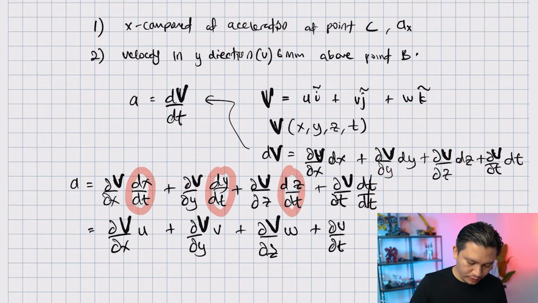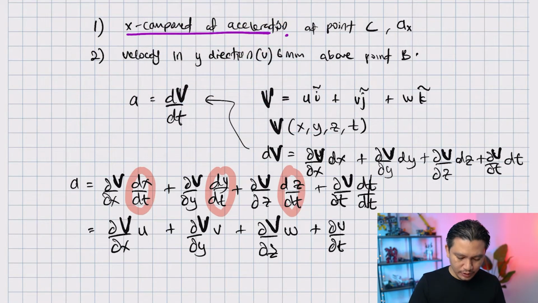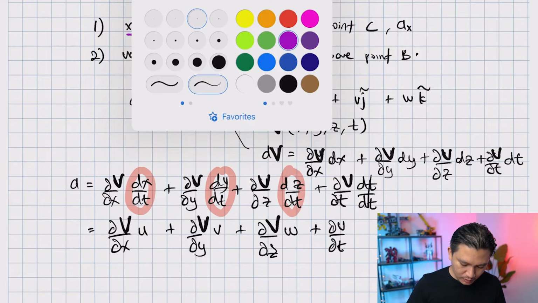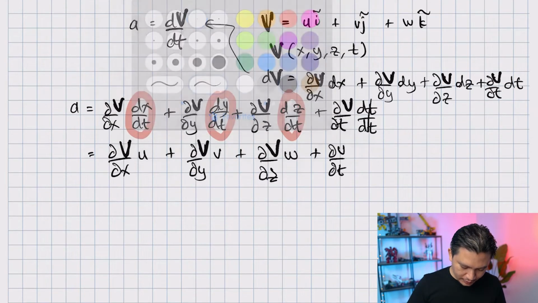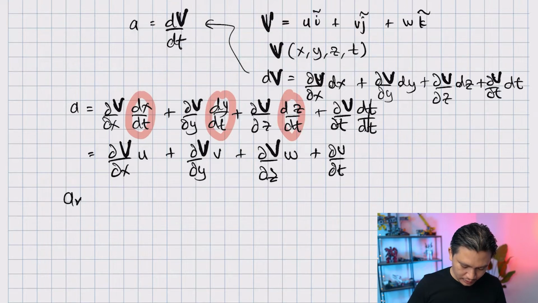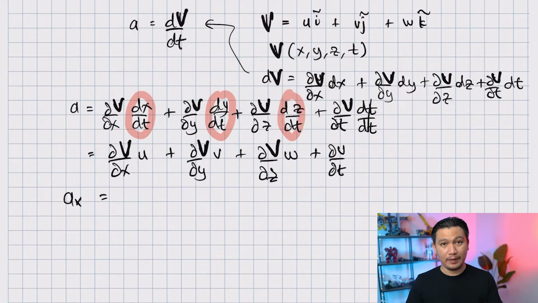Now when we talk specifically about the x component of acceleration, which means we are looking for acceleration in the x direction, all the capital V change to small u, which we consider only in the x direction.